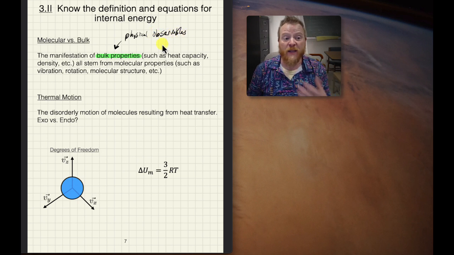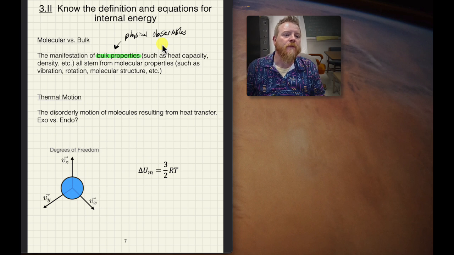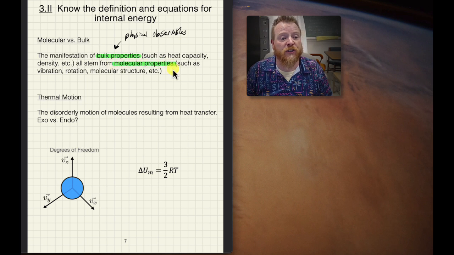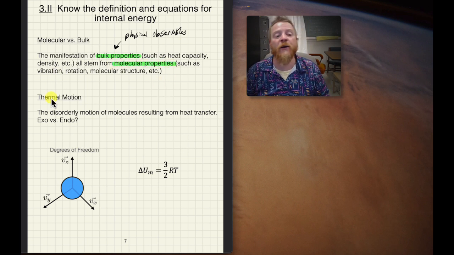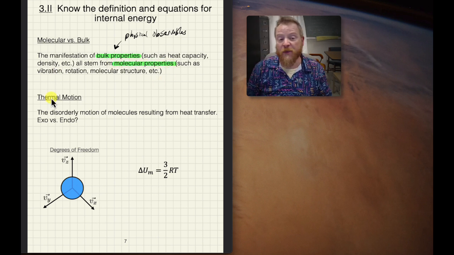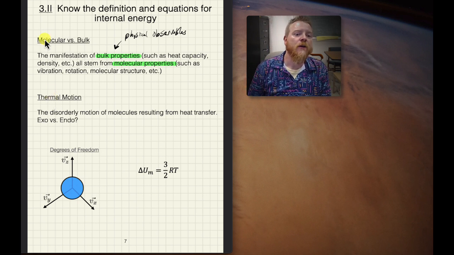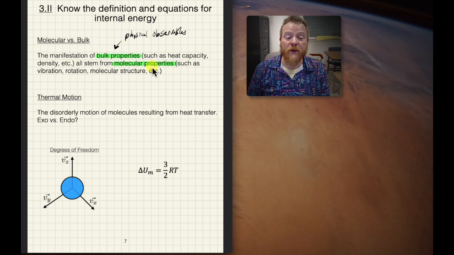So things that we can actually measure. These are all stemming from those molecular properties. Things like its structure, so its ability to vibrate or rotate, etc. Things that we might have a harder time observing. So those properties are directly observable through the bulk properties.